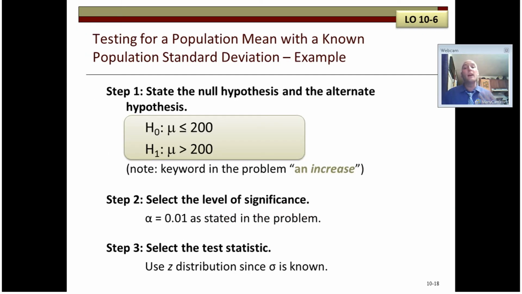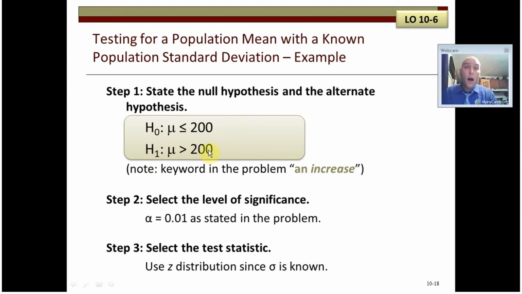We go through the steps of the procedure. One, I think it's probably best to start with your alternate hypothesis. Can we conclude that the new population mean is greater than 200? The null hypothesis, therefore, is everything else. Now, here's a tip.